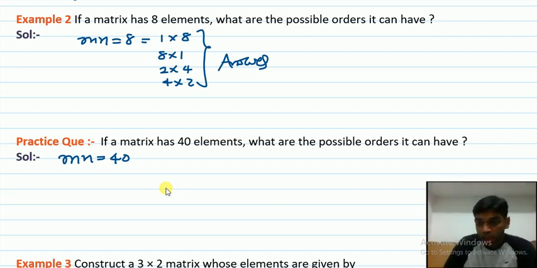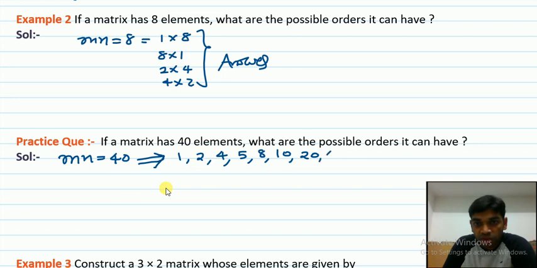So to find the answer we can find the factors of 40. 1, yes; 2, yes; 3, no; 4, yes; 5, yes; 6, no; 7, no; 8, yes, 8 times 5 is 40; then 9, no; 10, yes, 10 times 4 is 40; then 12, 13, 15, 16, no; 20, directly 20 and 40.